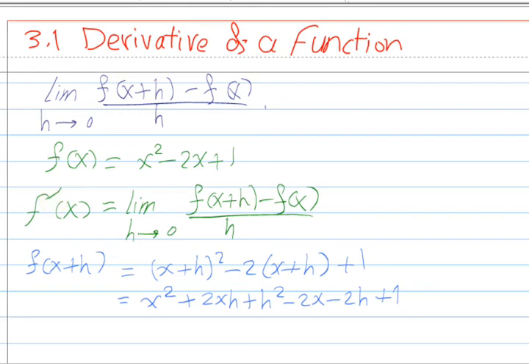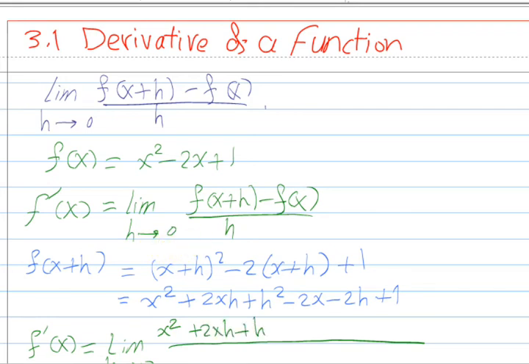In this case, f prime of x equals the limit as h approaches 0. We copied everything up: x squared plus 2xh plus h squared minus 2x minus 2h plus 1.